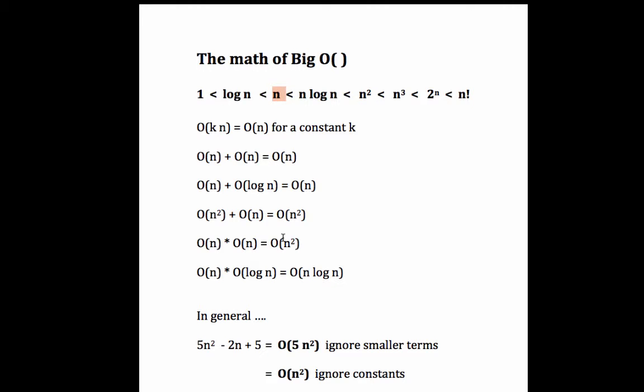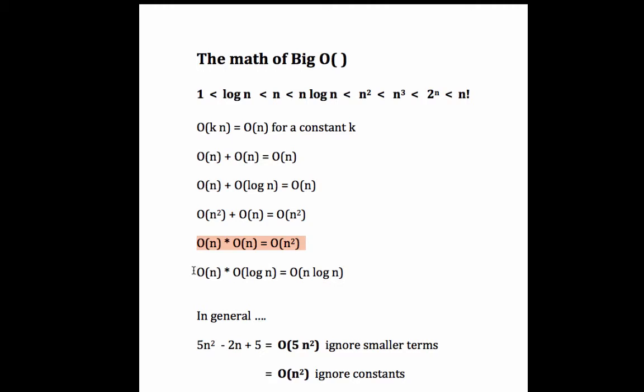So we ignore the n and we say that it is n squared. Now, it could be that you have two embedded loops, and you decide that the outer loop has an efficiency of O(n), and the inner loop also has an efficiency of O(n). What is the efficiency of the two embedded loops? Well, that would be O(n) times O(n), which is n squared.